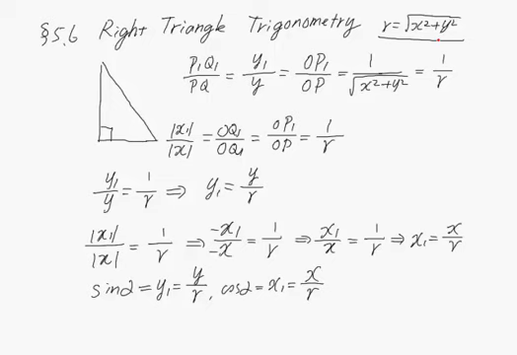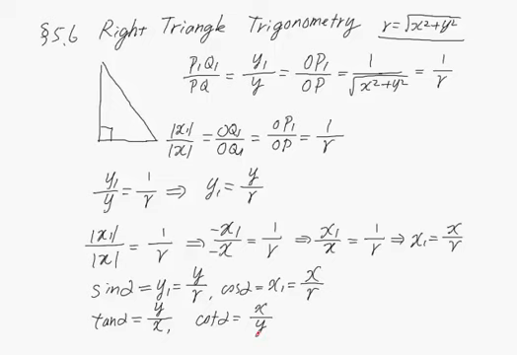And similarly, you can define the tangent. Tangent alpha is equal to y over x, and then cotangent alpha is equal to x over y.